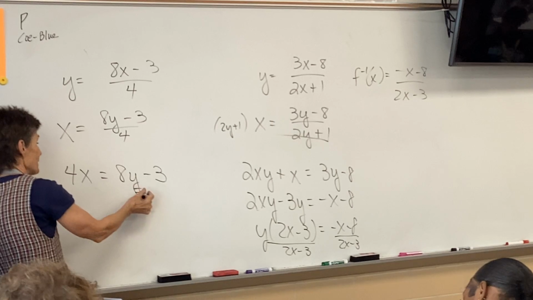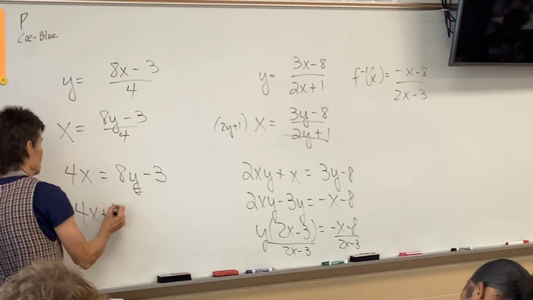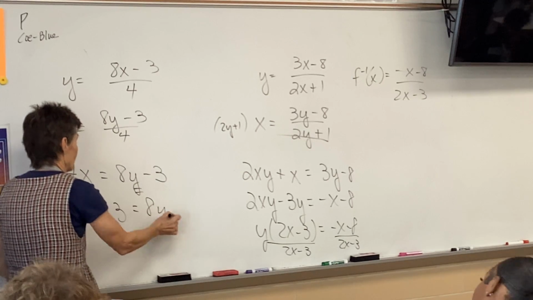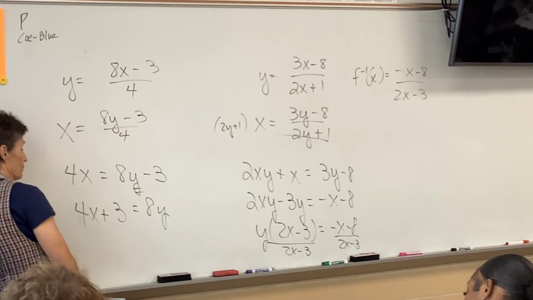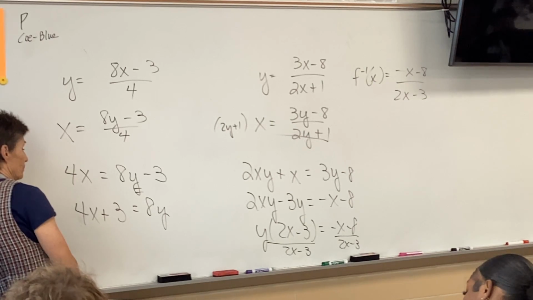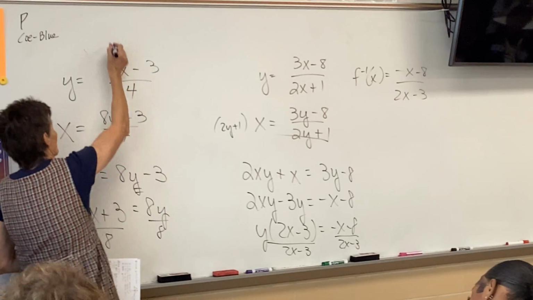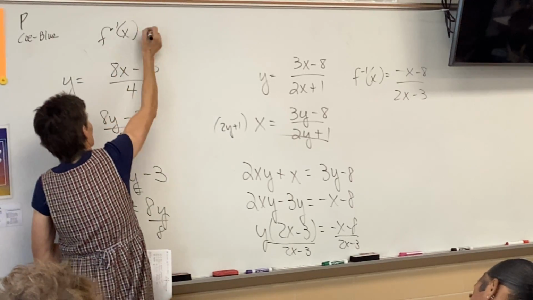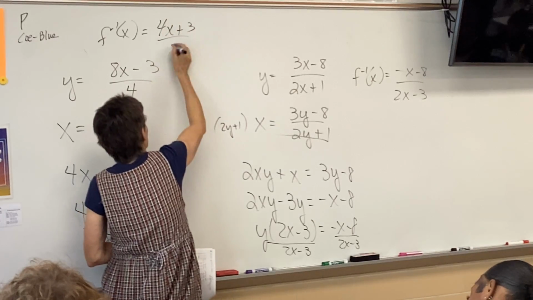We're trying to get y by itself. Add 3. Divide by 8. So your inverse is 4x plus 3 over 8. That's exactly right.